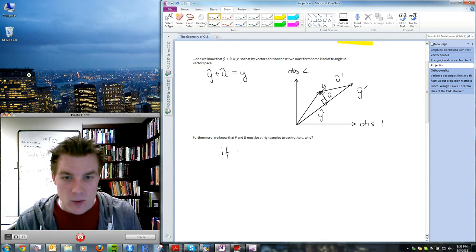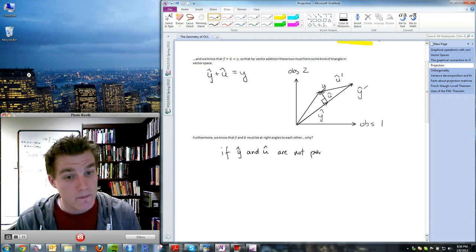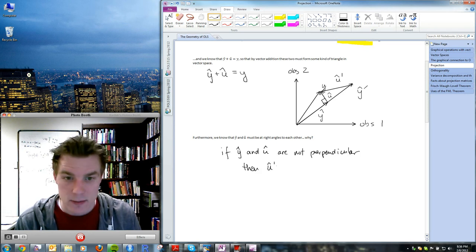Well, if y hat and u hat are not perpendicular, then the length of u hat is not minimized.